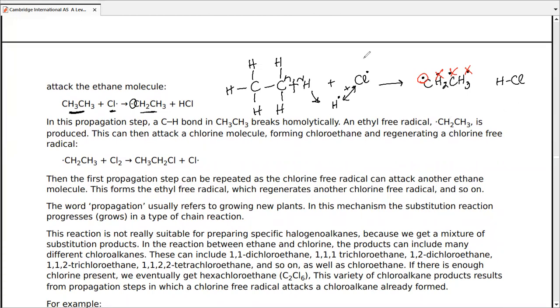Okay. In this propagation step, what's going to happen is that a CH bond in CH3 broke homolytically. I've already drawn this for you. An ethyl free radical is produced. Now, this can then attack a chlorine molecule, forming chloroethane and regenerating a radical.